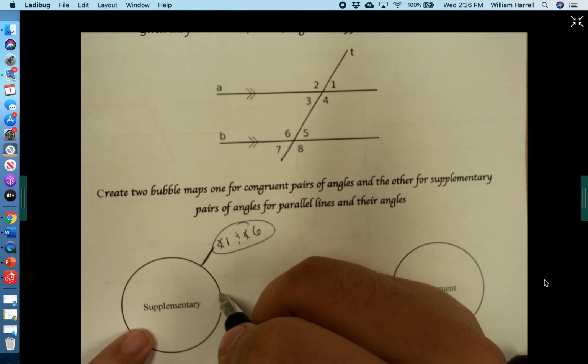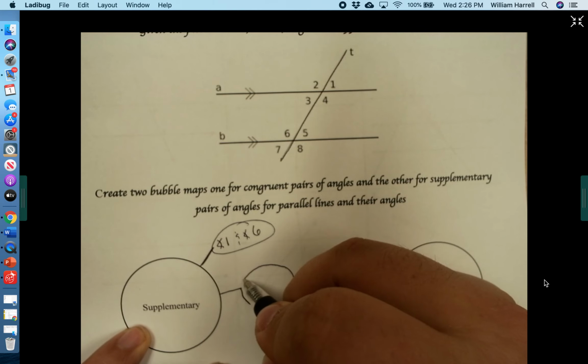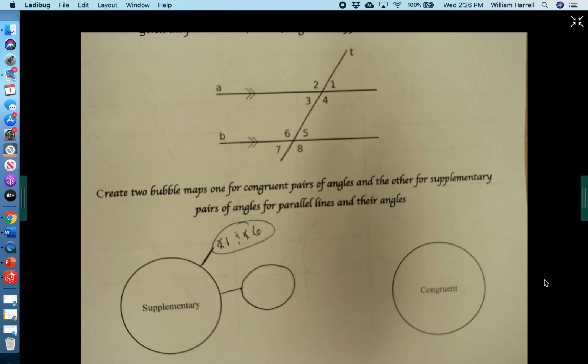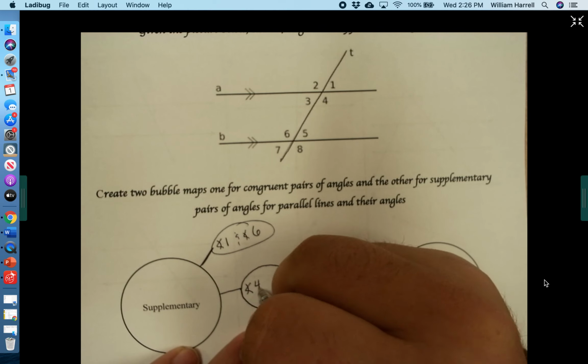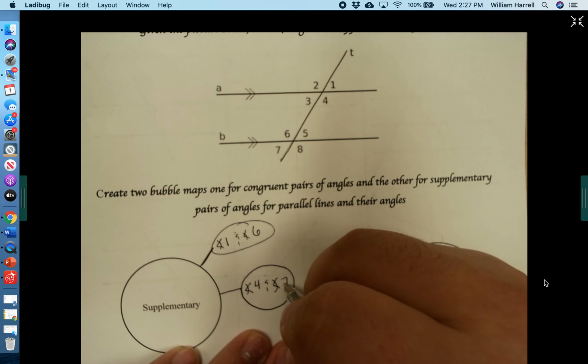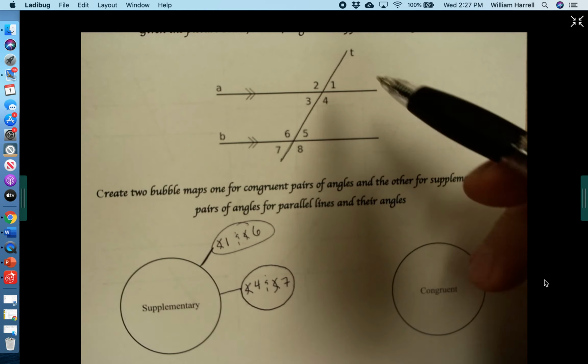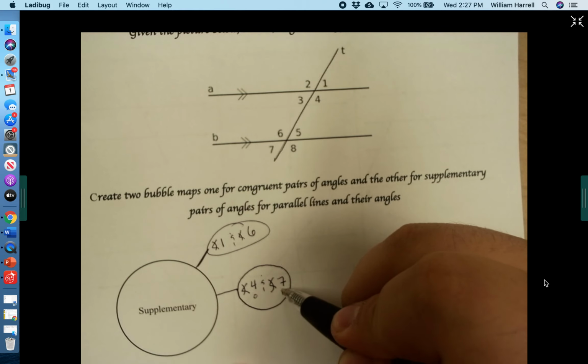Alright. On your play pause video, choose the pair of angles that are supplementary from the ones listed. It turns out to be angle 4 and angle 7. Again, because angle 4 would be obtuse, angle 7 is acute.